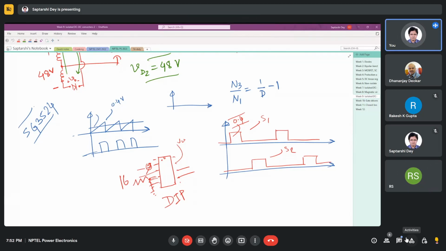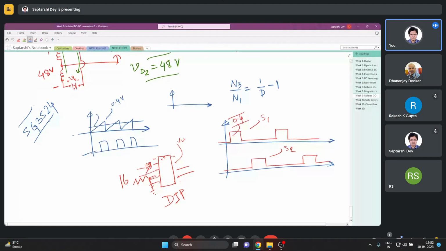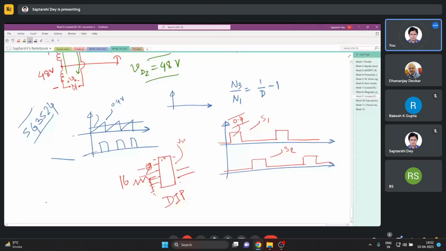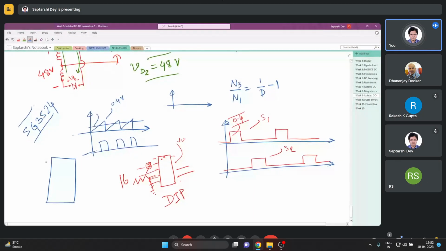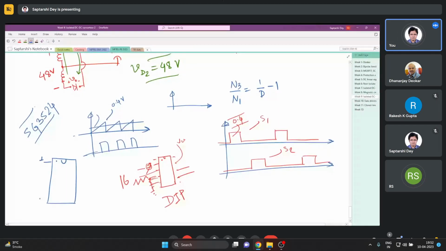I have forgotten the pin numbers, so do not take my words exactly. But it's a DIP package, so numbering starts from here. If this is 1, this is 8.